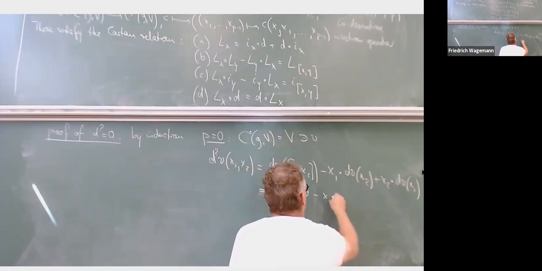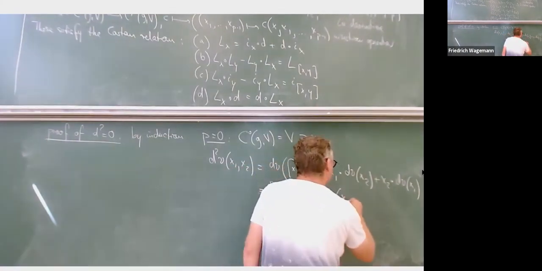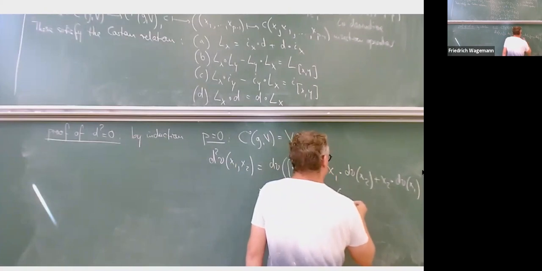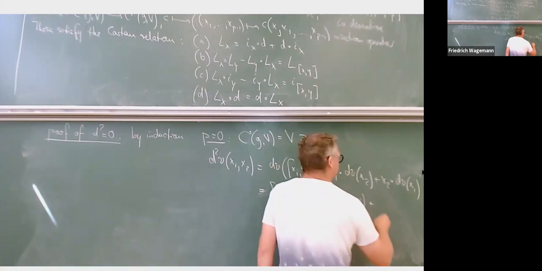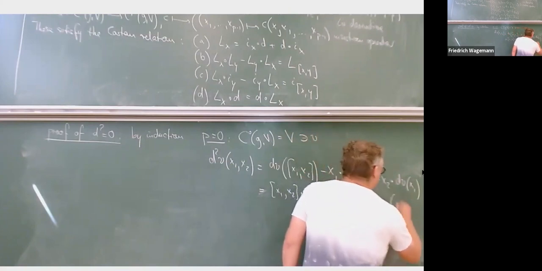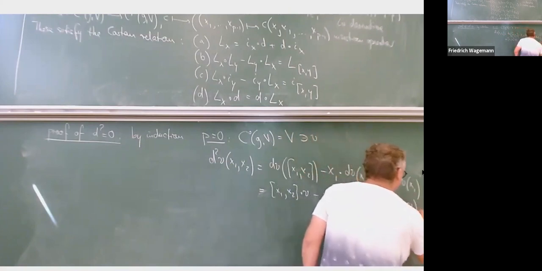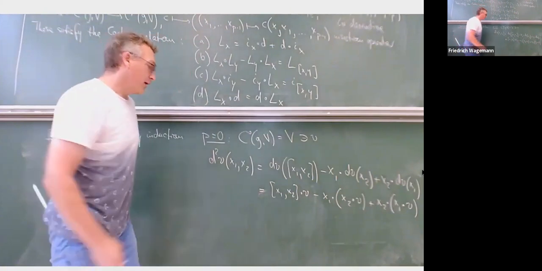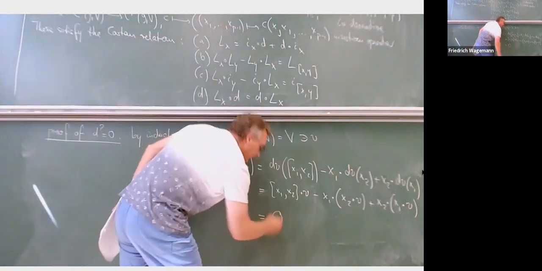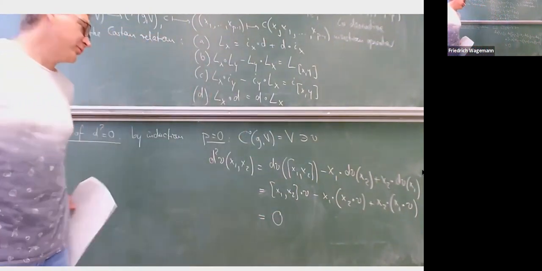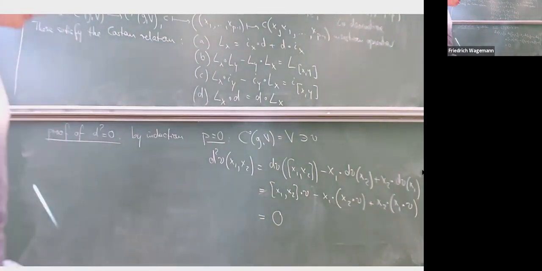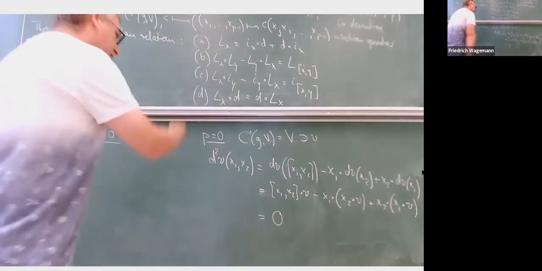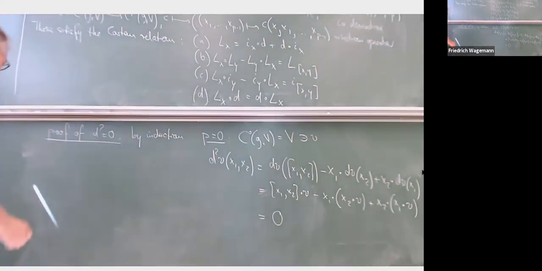Minus x1 acting on x2 acting on v, plus x2 acting on x1 v. And here you see this is exactly the property of being a g-module, which makes this 0. So this is the case p equal to 0.